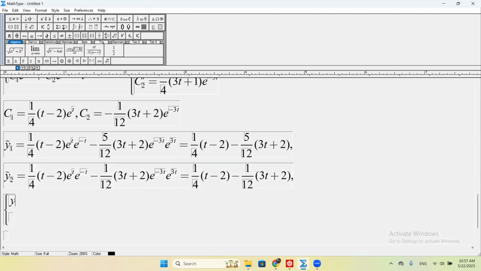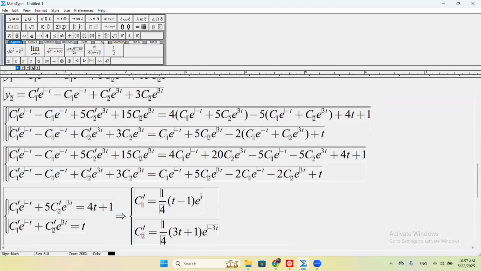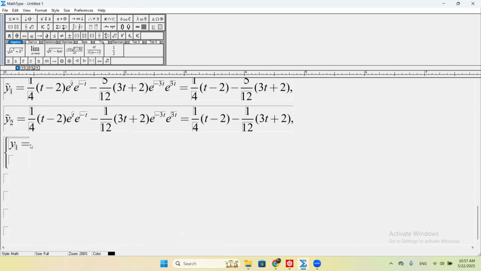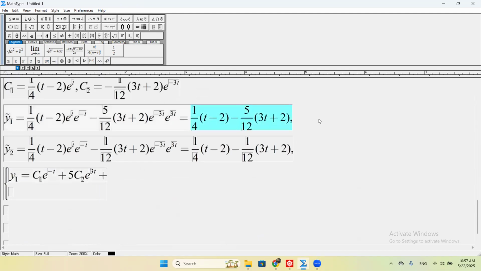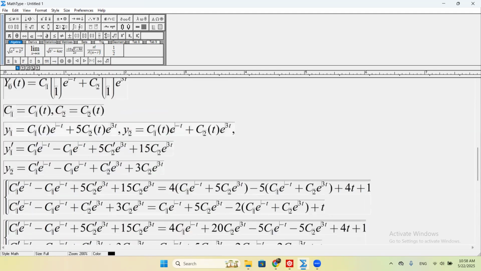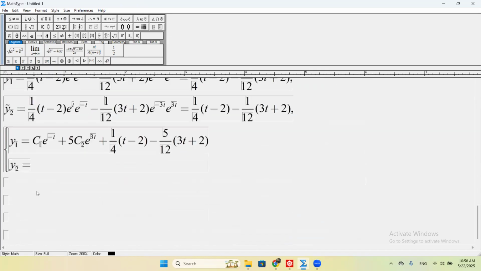So the general solution, y1 equals this expression plus this, and y2 equals this expression plus this.